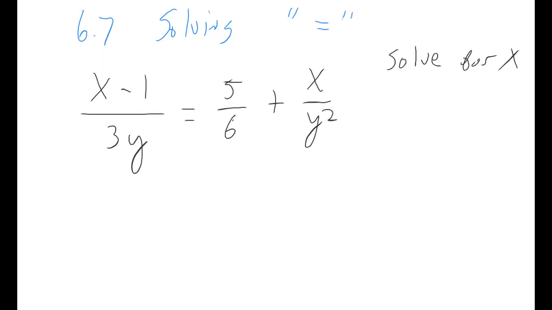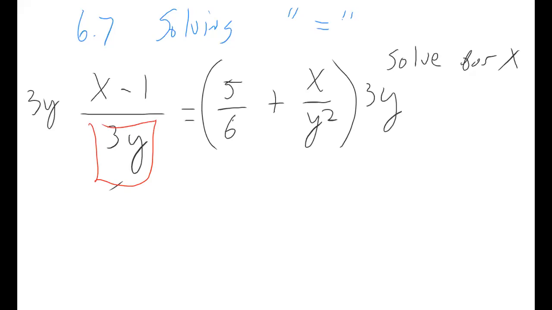Now, the easiest thing we probably want to do here is move the 3y. So to move him, since he's on the bottom, I am going to multiply by 3y, and then I'm going to multiply all of this by 3y, right?